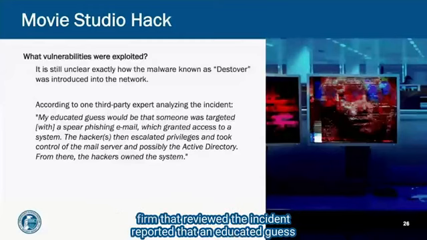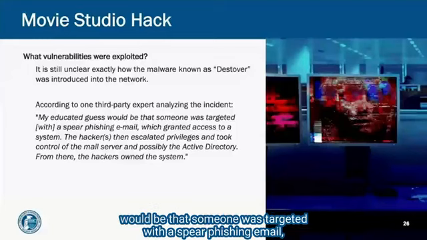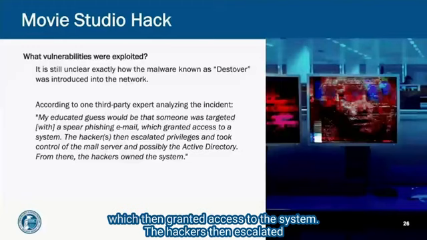A cybersecurity firm that reviewed the incident reported that an educated guess would be that someone was targeted with a spear phishing email, which then granted access to the system.